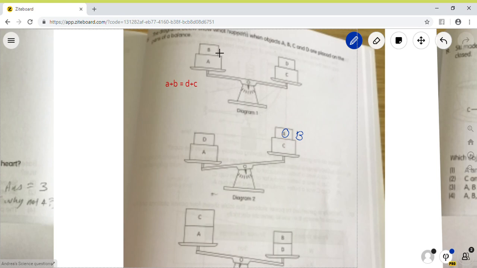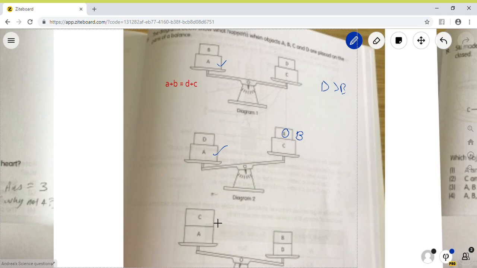Let's say this is like 3. So that means A is heavier than B. Wait, try. A remains here, right? You can see A remains here. Then when you put D here, so D is heavier than B, correct? Yeah. So D is more than B.